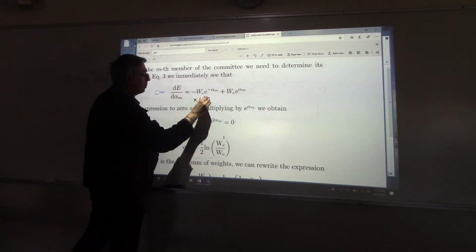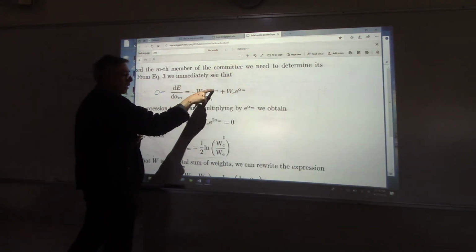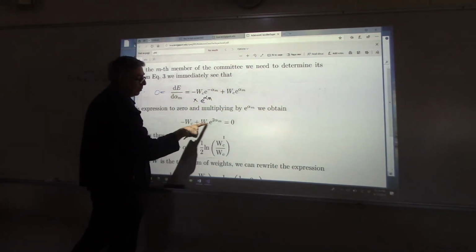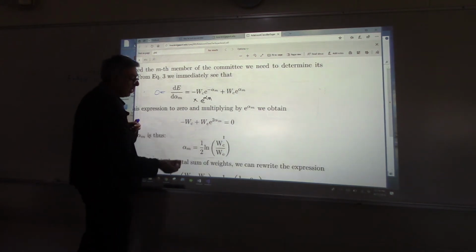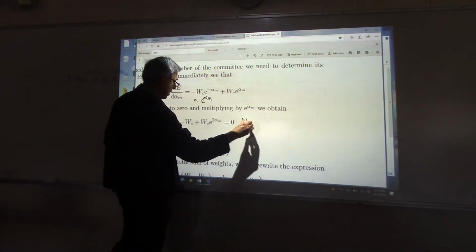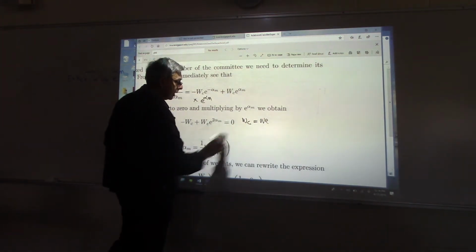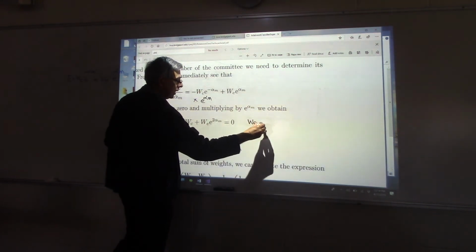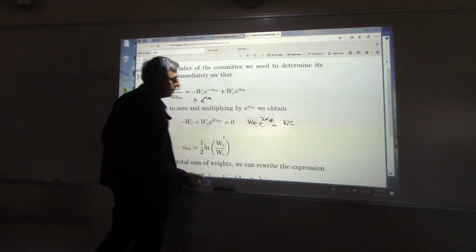That term drops off and becomes minus WC, and the other becomes e to the 2 alpha m, equal to 0. Now move this over: WE e to the 2 alpha m equals WC.